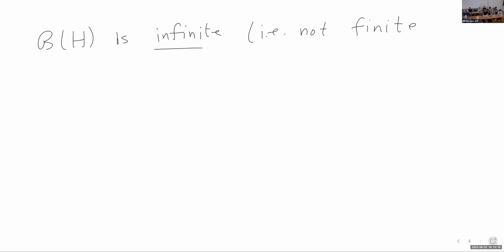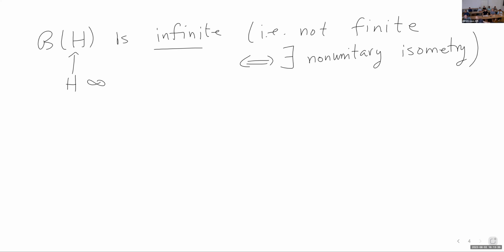So just to write what I just said, B of H is infinite. Infinite just means not finite, or equivalently, there is an isometry that's not a unitary. But if H is a finite dimensional Hilbert space, then it's true.